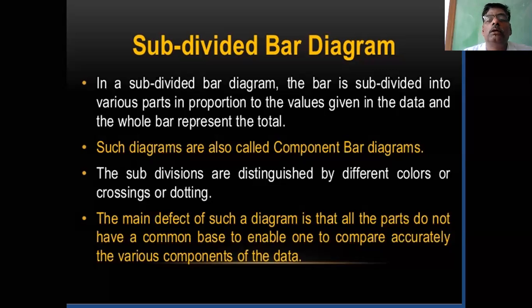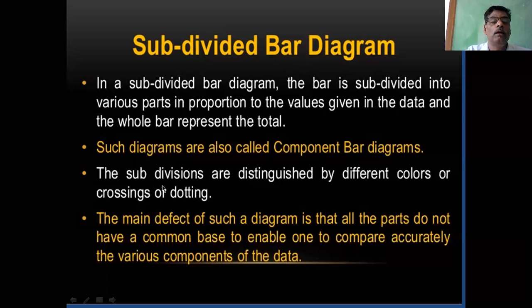The bar is subdivided into various parts in proportion to the values given in the data, and the whole bar represents the total. Such diagrams are also called component bar diagrams. You call it a subdivided bar diagram or component bar diagram.